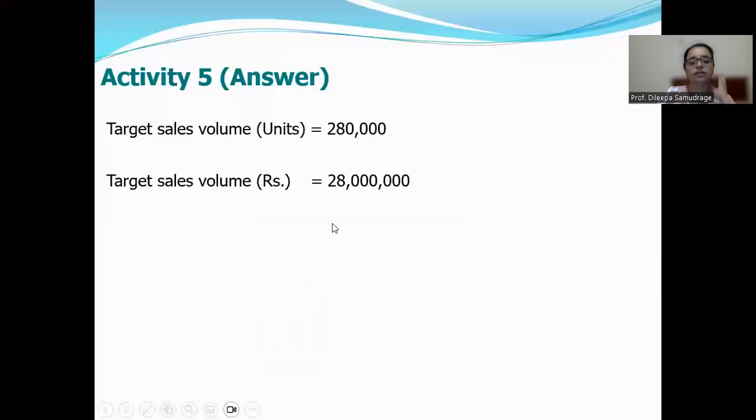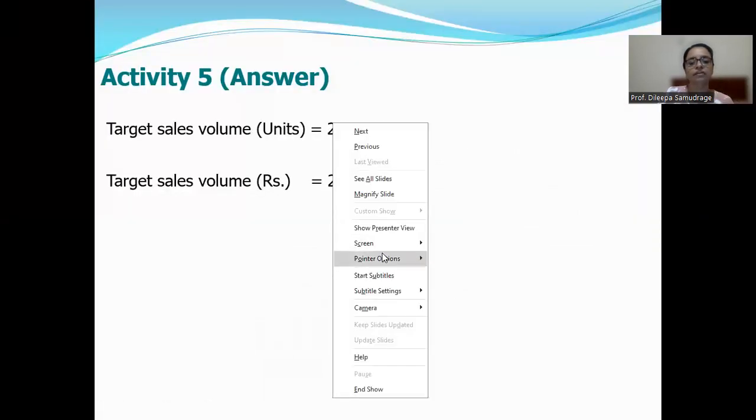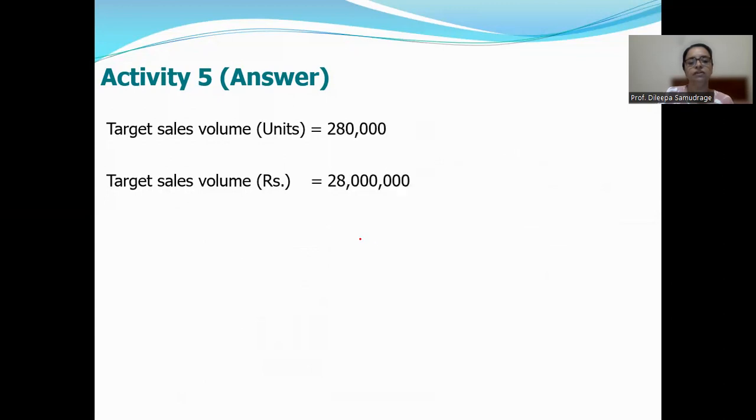Yes, madam. So, fixed cost is 4.5 million, right? Plus this one, fixed cost is how much? 15 million, right?